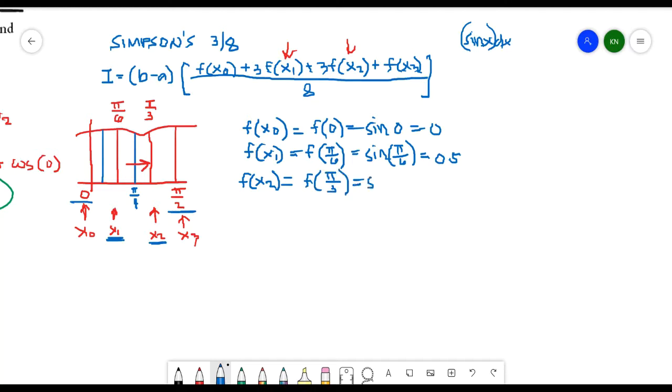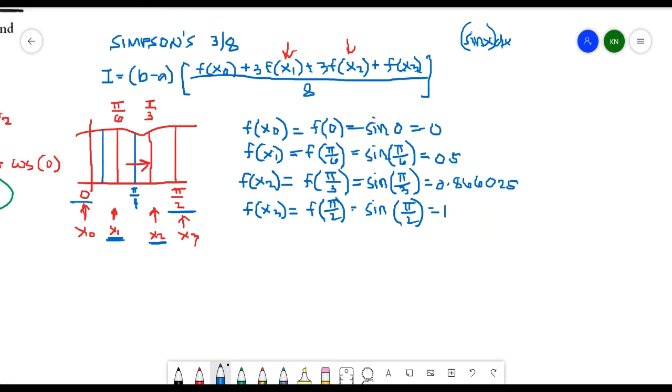That is equivalent to sine of pi over 3, which is equivalent to 0.866025. And we also have the last one, which is our x sub 3, in which we already know the result. This is f of pi over 2, and we have sine of pi over 2, which is equivalent to 1.